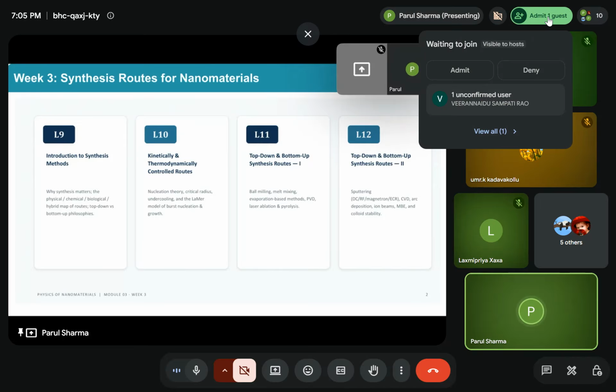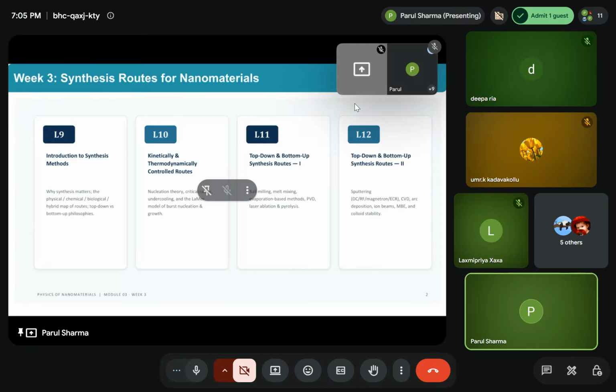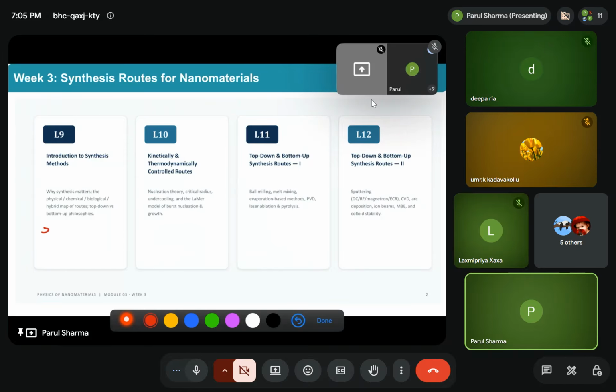Apart from that, what do we want to control? We want to control the size, shape, composition, and also surface properties.